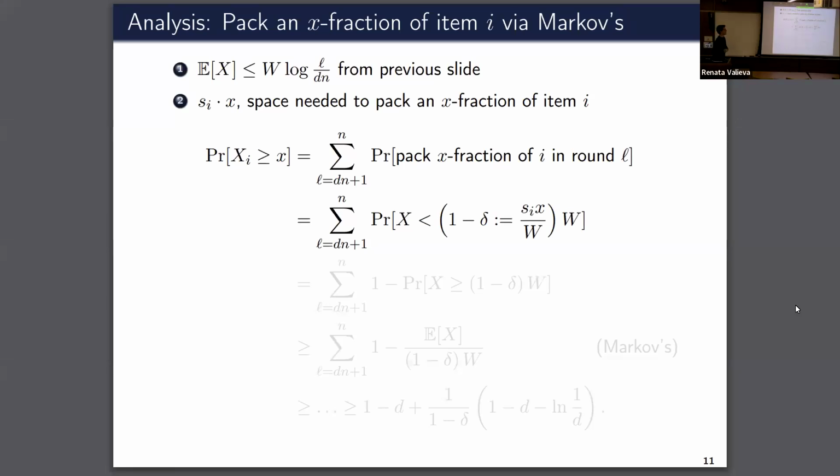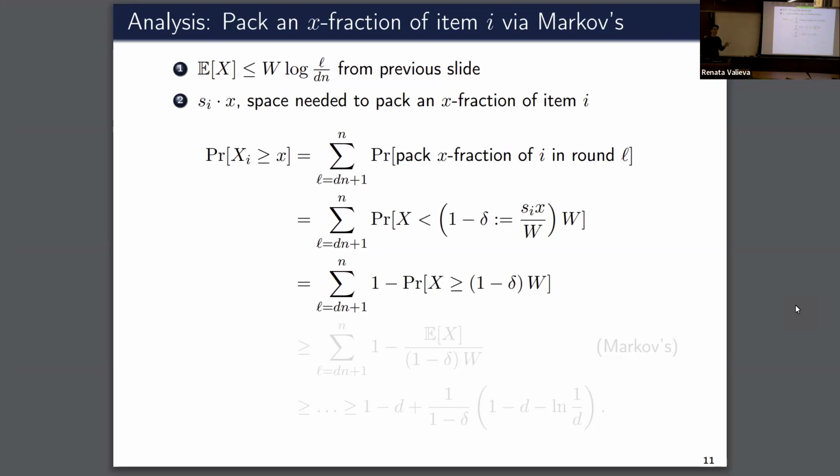So now X was our resource consumption. If the resource consumption is less than 1 minus delta, where delta is the fraction of the knapsack that we need to pack this item, then we take the complement so that we can apply Markov's.